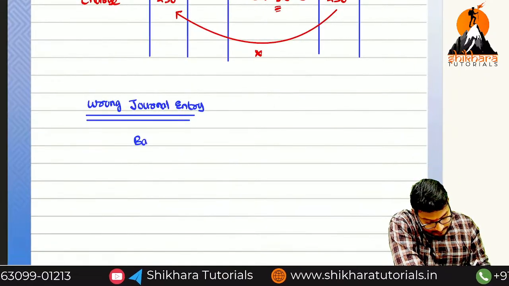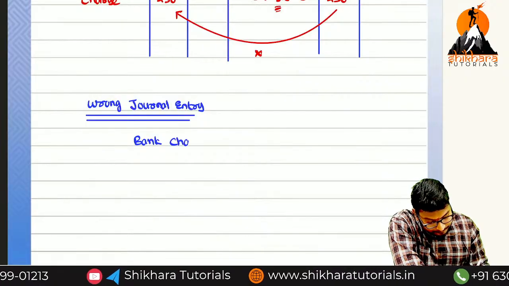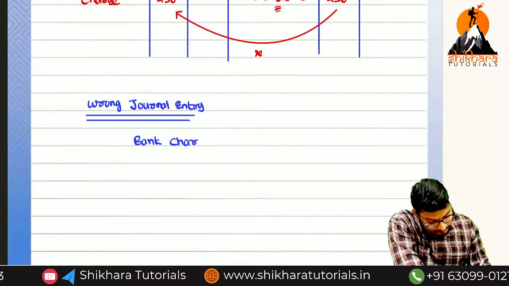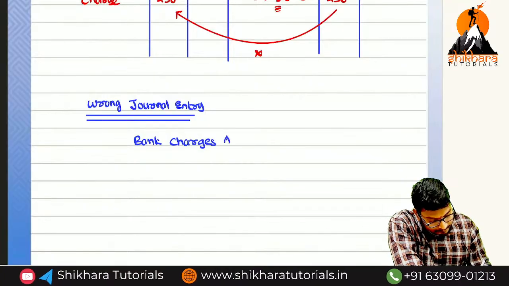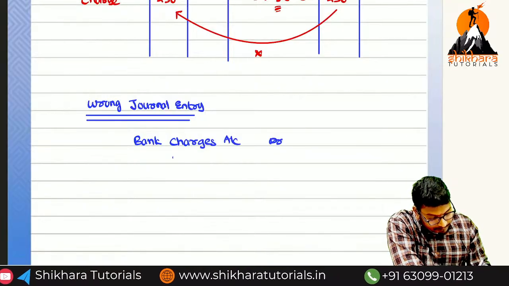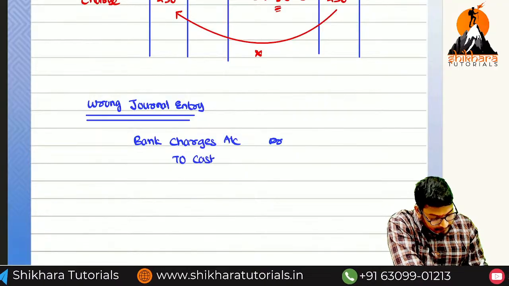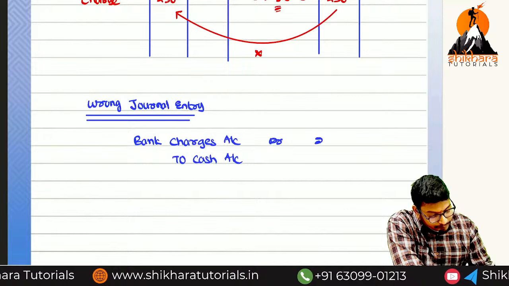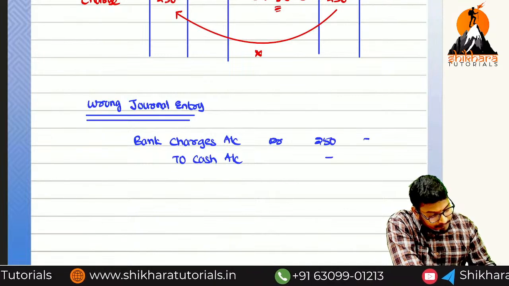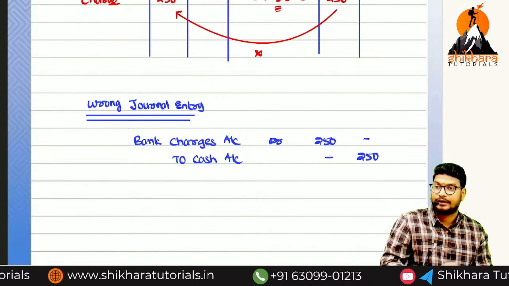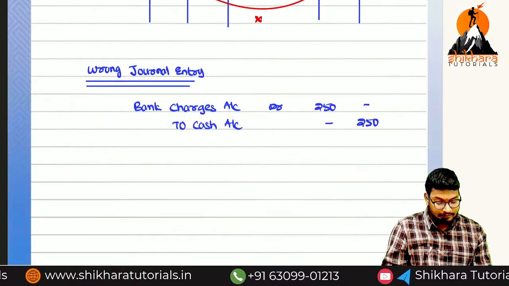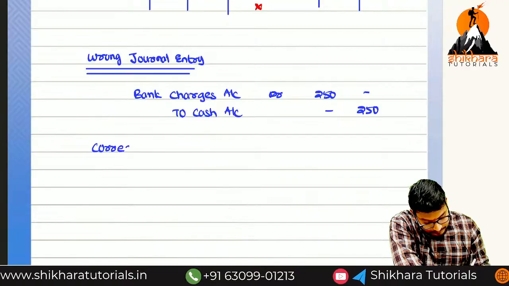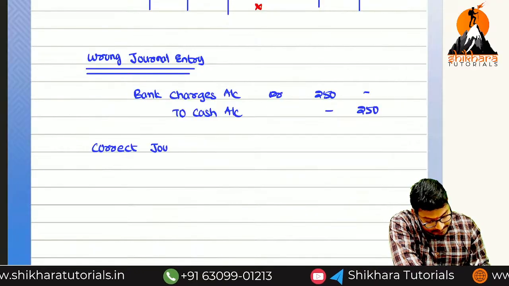Bank charges account debited to cash or bank? Normally, bank we need to record, but they have recorded the cash of rupees how much, ma? 250, 250. Okay, now. Next, what is the right? Correct journal entry.